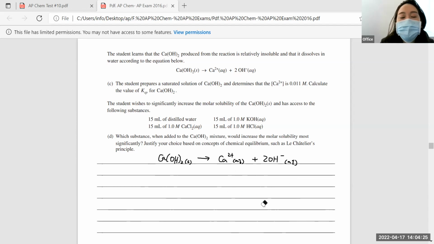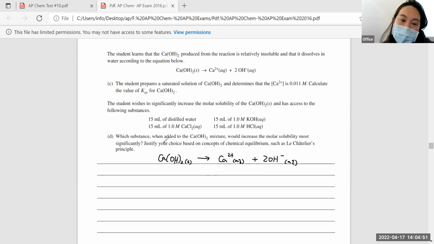Which substance, when added to the calcium hydroxide mixture, would increase the molar solubility most significantly? Justify your choice based on concepts of chemical equilibrium, such as Le Chatelier's principle. Okay, so like I said, if I want to increase the solubility of my calcium hydroxide, I have to make sure that my reaction is shifting to the right. So how do I make sure that it shifts to the right?